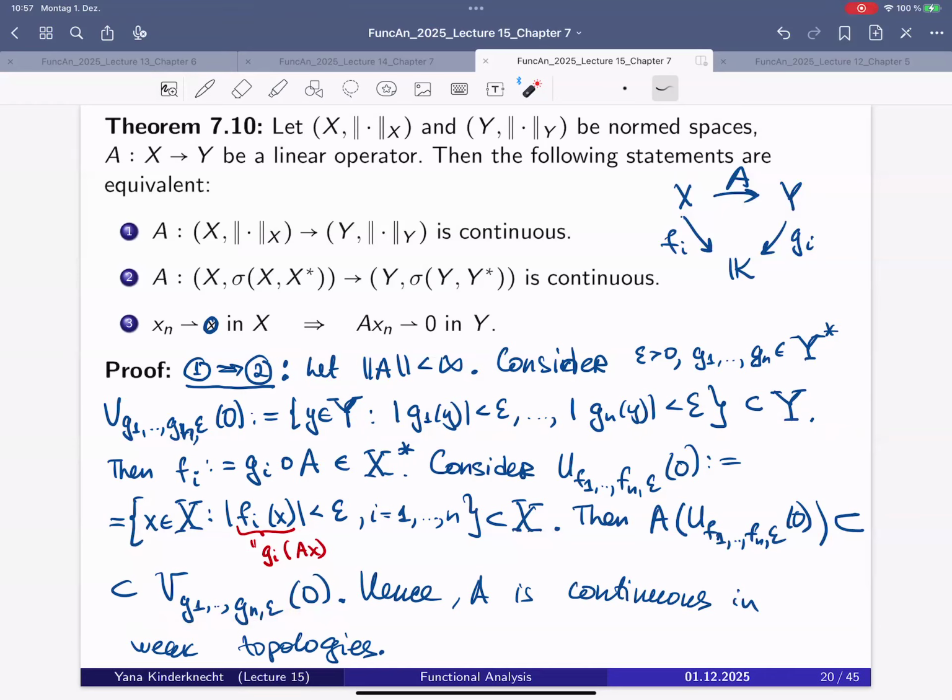Hence we have shown the continuity at 0, but due to linearity of A, and due to the fact that these are vector spaces and our topologies are shift invariant, if I may say so, everything is fine everywhere, not only around 0. Okay, so we have shown that 1 implies 2. That is, if we have continuity in the strong sense, in the sense of norm, then we have continuity in the weak sense, with respect to weak topology.